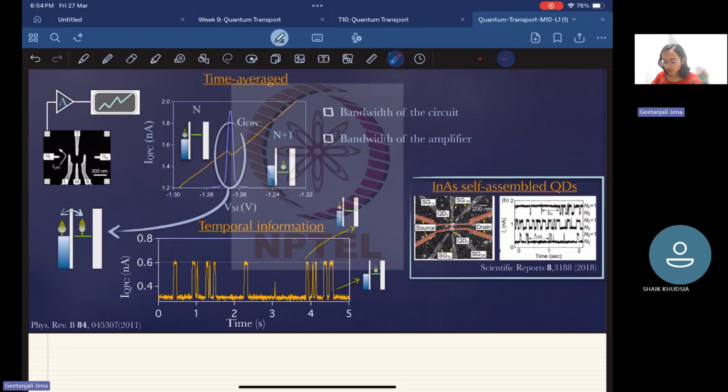This information is not clear in this I versus V graph. To get it, we need the variation of current with respect to time, which shows how long the electron is inside, how fast it is tunneling, and the occupation probability.